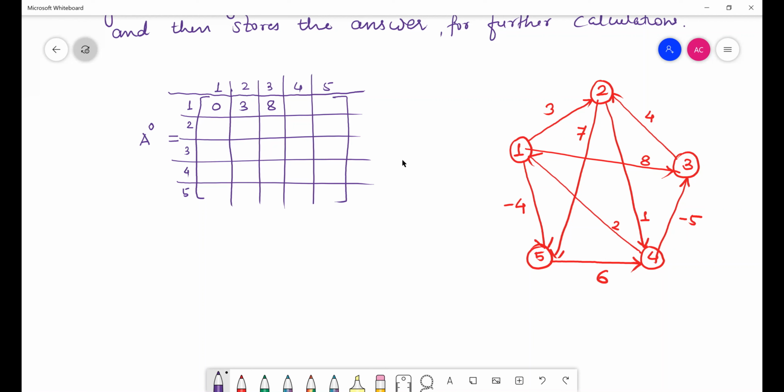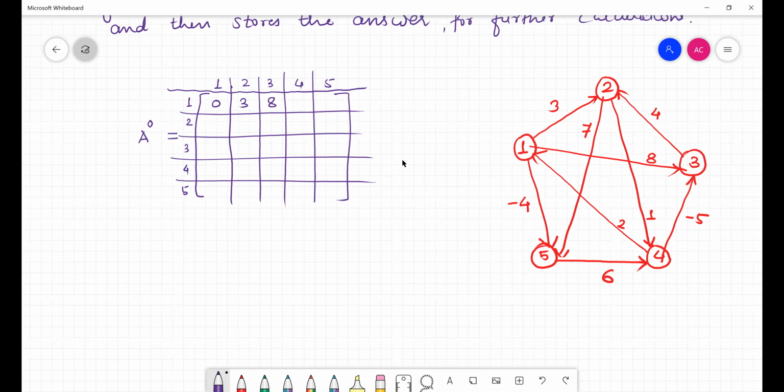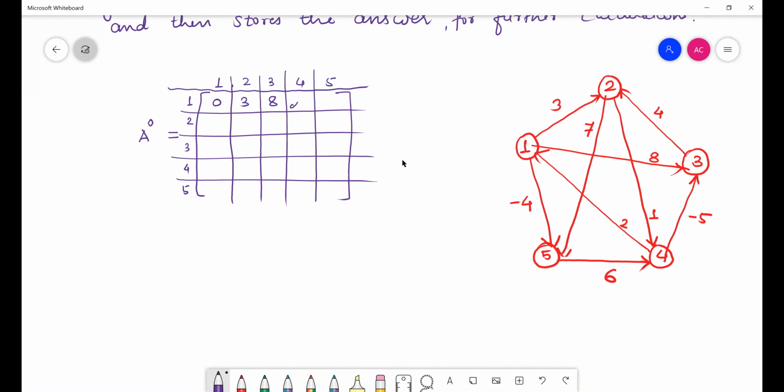But yes, if I start traversing via some other node, I can reach 4. Can I say that at this instance of the graph, 1 to 4 is infinite? I don't know whether I will reach or not, but I may reach if I travel via some other node. Can I write infinite?